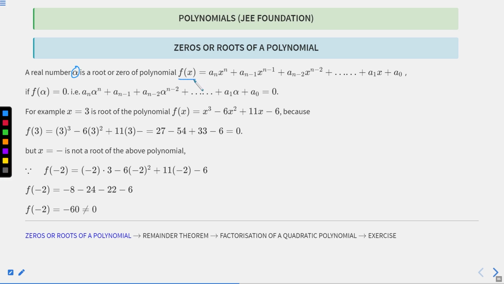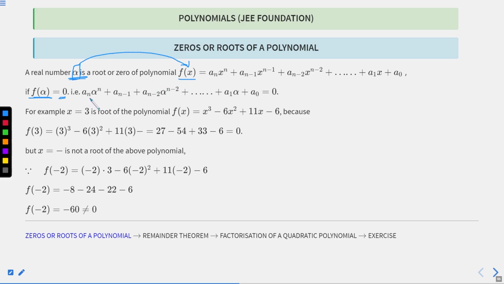We have a polynomial f(x) which is a_n x^n plus a_(n-1) x^(n-1) till a_0. If we put this alpha in place of x, we will get f(alpha), and if this f(alpha) is equal to 0, then we say this alpha is a root or zero of the polynomial. Okay, I hope this is clear.